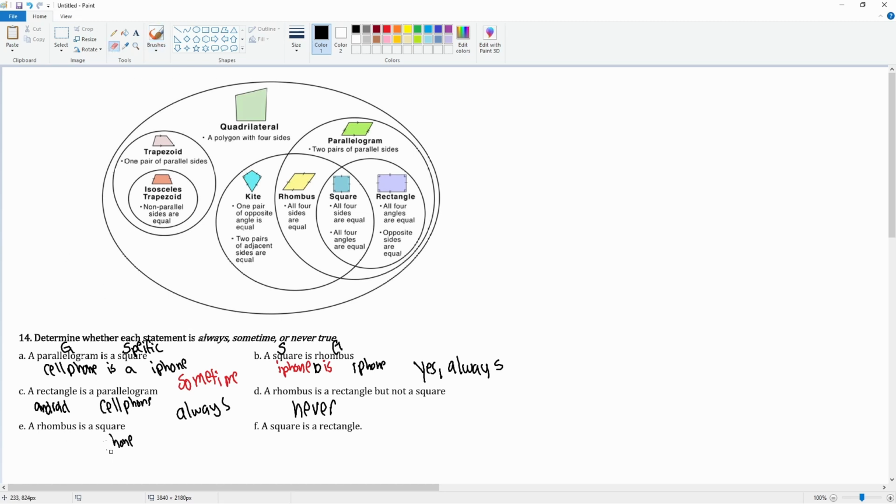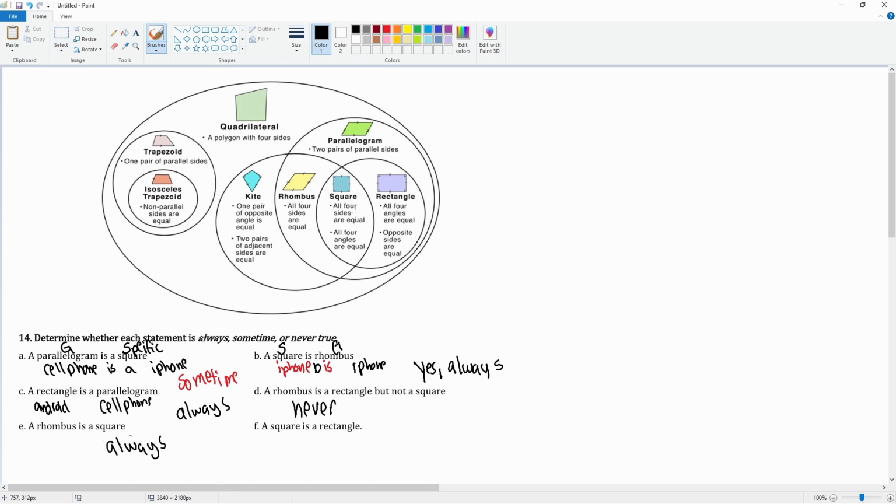I'm going to stay away from that analogy for right now. Okay, so take a look. The rhombus is the generic, and a square is inside a rhombus, right?